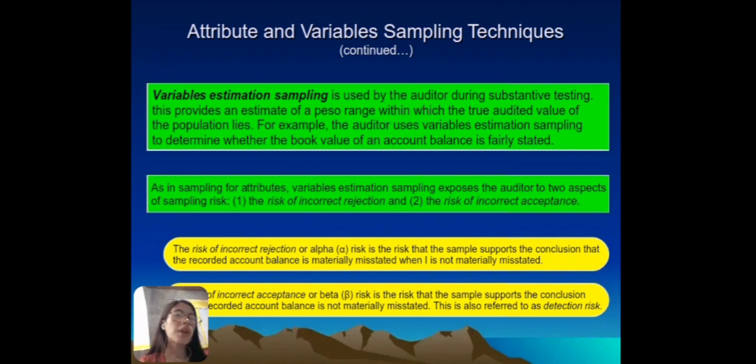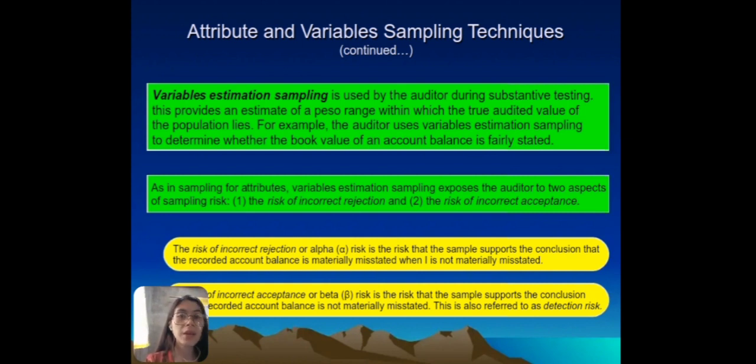The next one is variables estimation sampling. When we say variables estimation sampling, it is used by the auditor during substantive testing. This provides an estimate of a range within which the true audited value of the population lies. Let's say, for example, the auditor uses variables estimation sampling to determine whether the book value of an account balance is fairly stated.